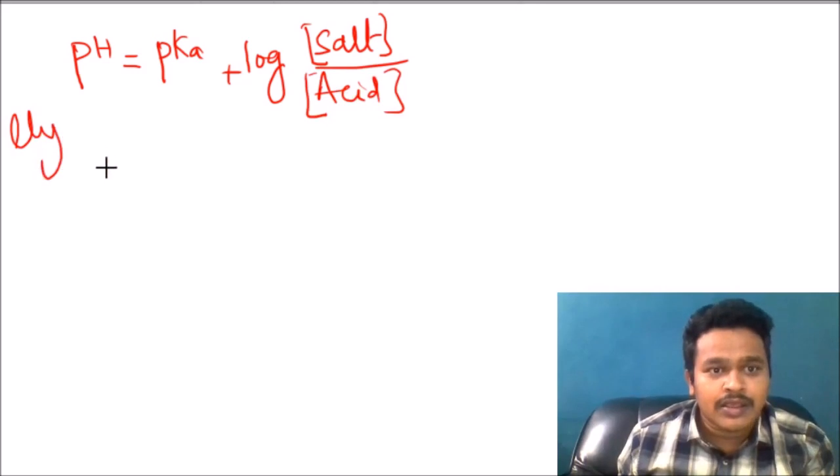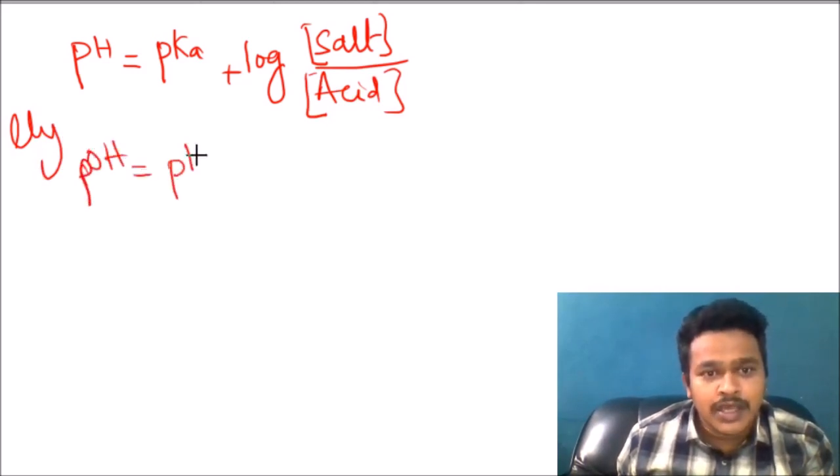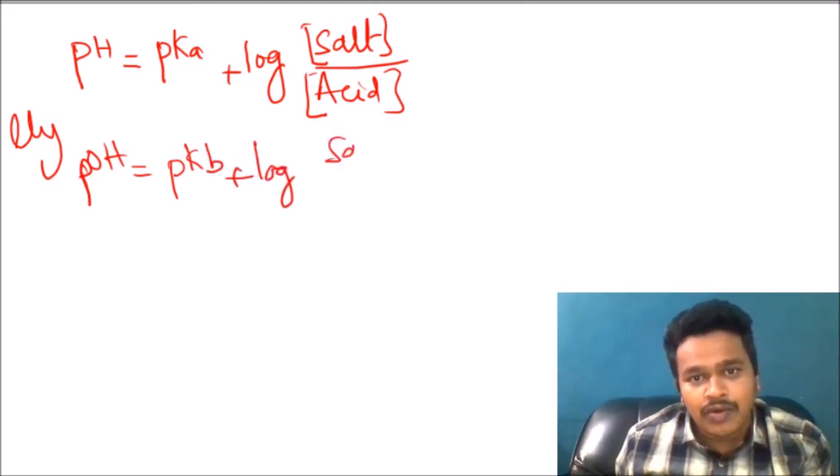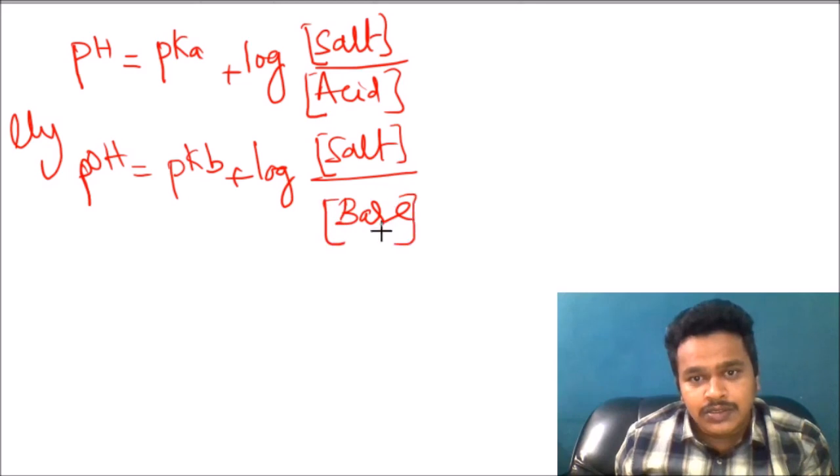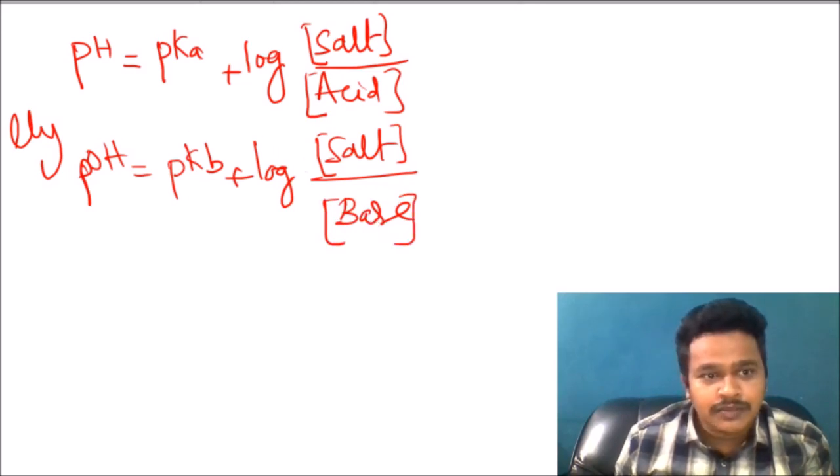Similarly, for a basic buffer you can derive it: pOH is equal to pKb plus log of salt by base. Salt is common, so salt by base.